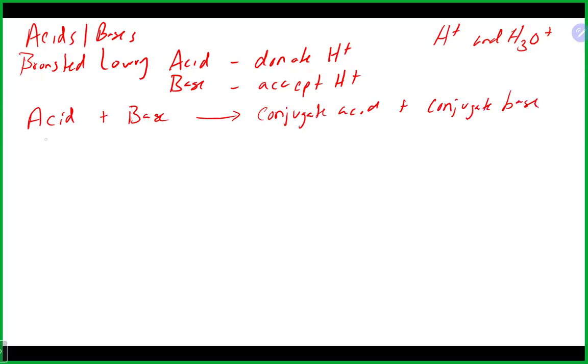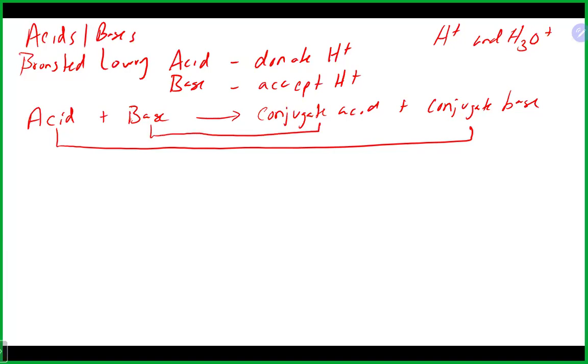The acid on the left-hand side is related to the conjugate base on the right-hand side, and the base on the left-hand side is related to the conjugate acid on the right-hand side. Because the Bronsted-Lowry definition is that an acid will donate an H+, that is the only difference there can be between those pairs for them to be considered pairs.